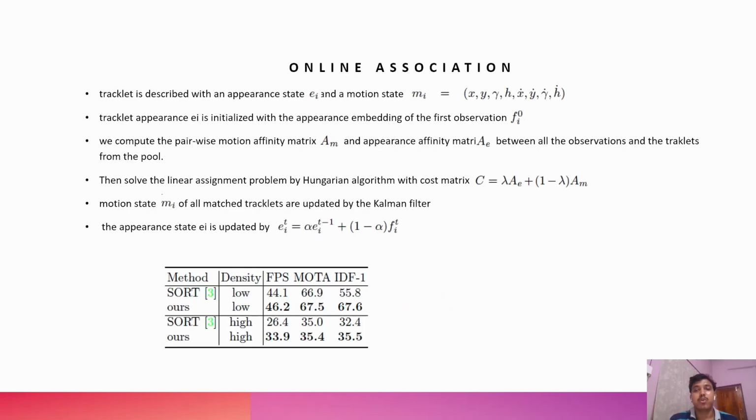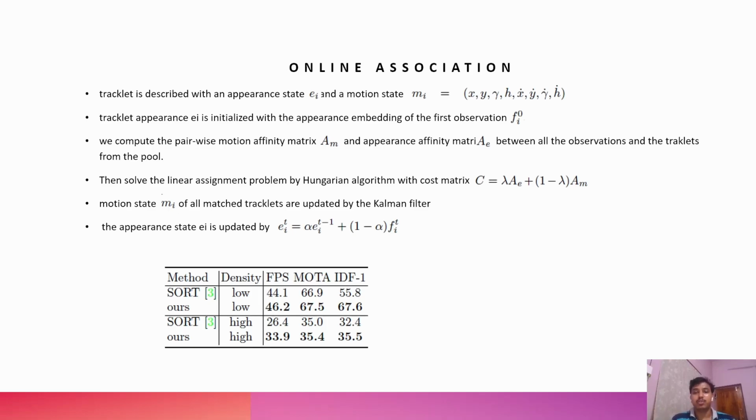So, online association. Although the main focus of this JDE paradigm has nothing to do with online association or any type of association, to get our desired result we are using this method. So a tracklet is described with an appearance state e to the power i and a motion state m_i, that is a tuple of x, y, gamma, s, x dot, y dot, gamma dot, s dot.